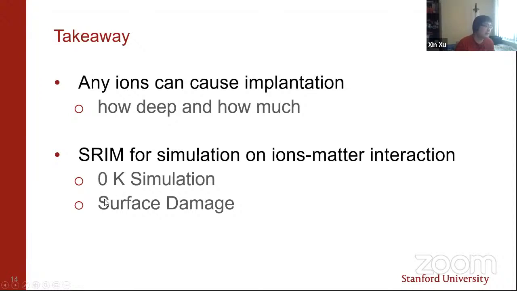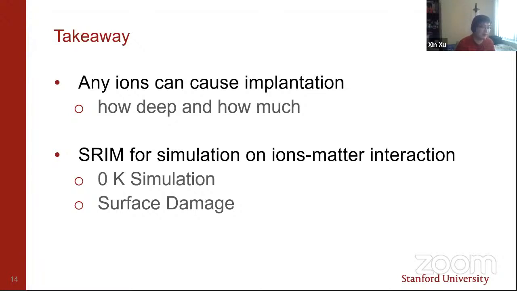And the second thing is that this simulation doesn't consider surface damage. Because during the implantation, the surface definitely will be changed. If you have some amorphous region, or maybe a phase change, this all will change the surface binding energy.